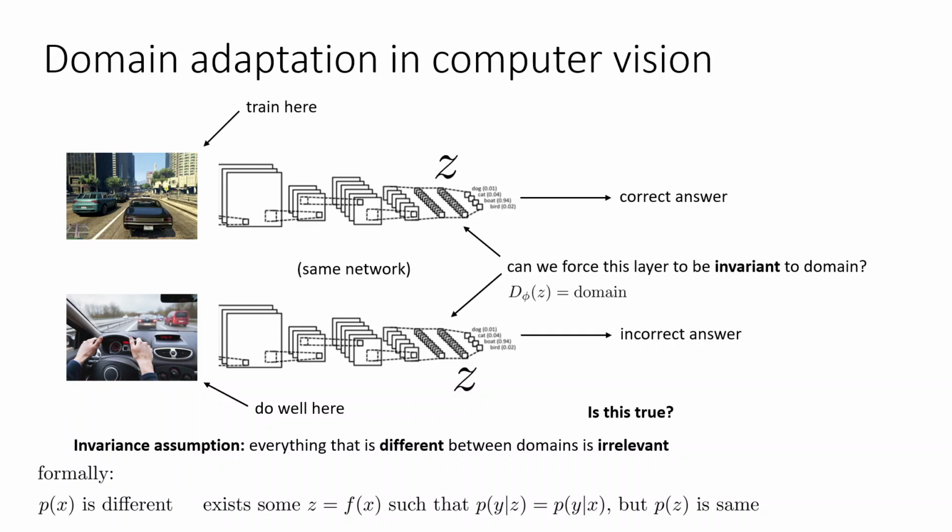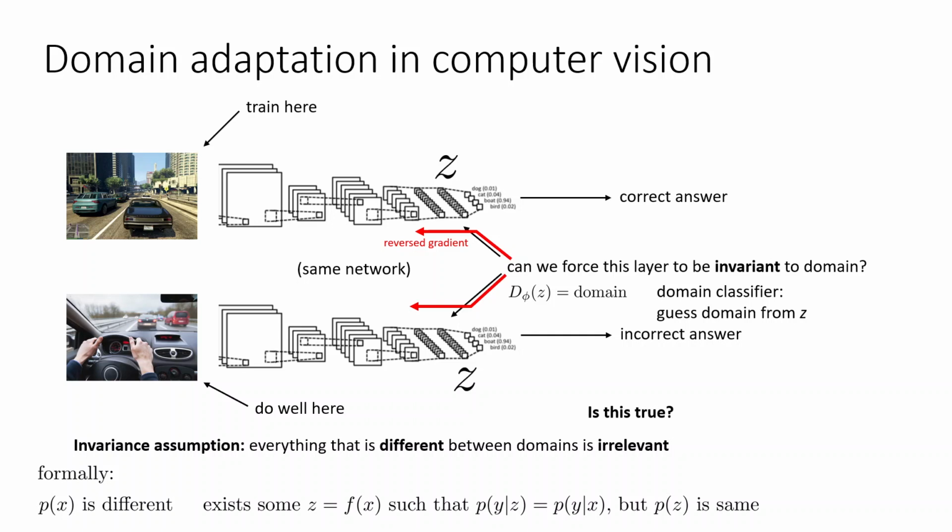So what we're going to do is train a binary classifier that gets to look at the activations at that layer, so the classifier d phi of z, and it's going to predict true if it is in the target domain and false if it's in the source domain. And then we'll compute the gradient of that classifier with respect to z, and we'll reverse the gradient and back that up into the network. So we'll basically teach the network to produce such a z that a classifier can't tell whether it came from the source or the target domain.